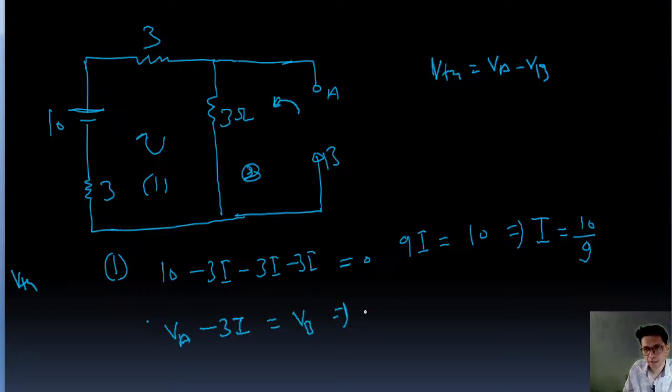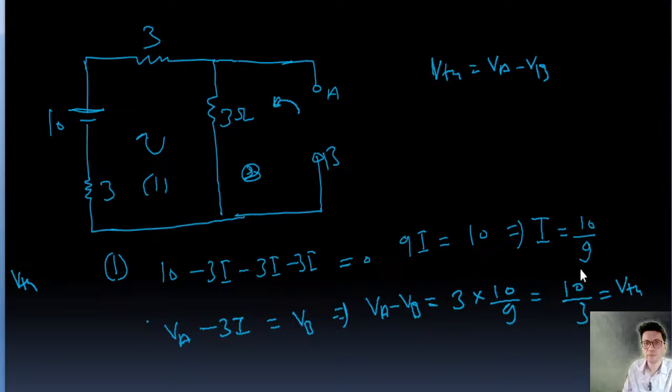So from here VA minus VB is going to be 3I. 3I value we have, right? This is 10 upon 9, so this is going to be 10 by 3. That is VTH.